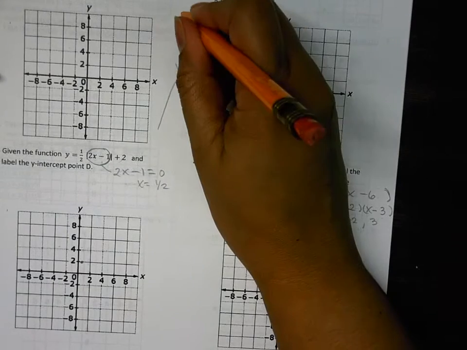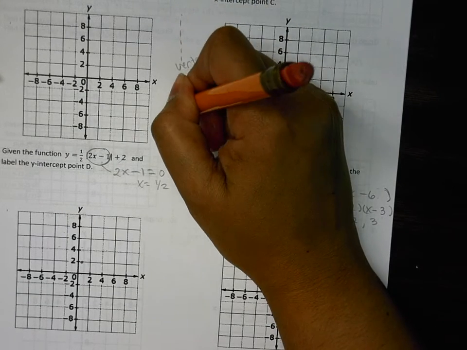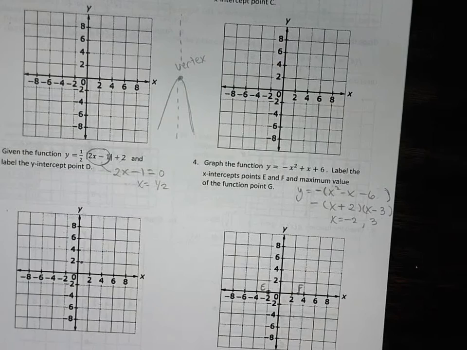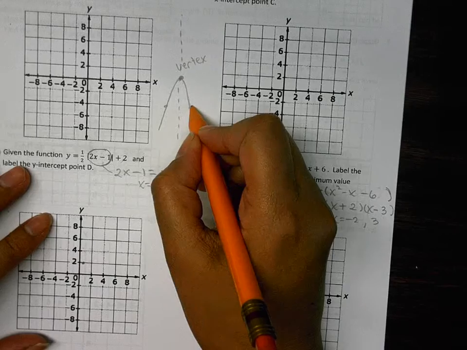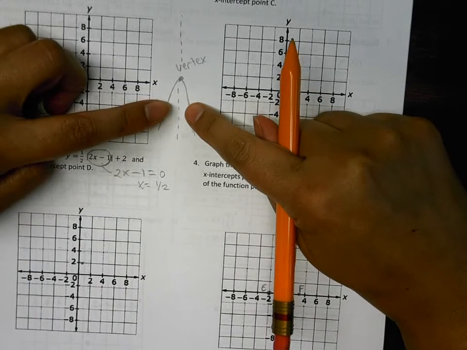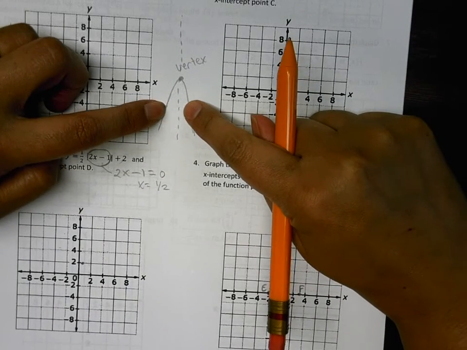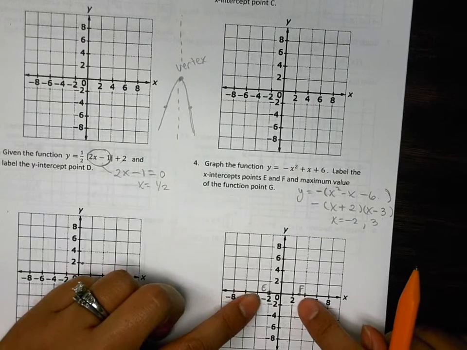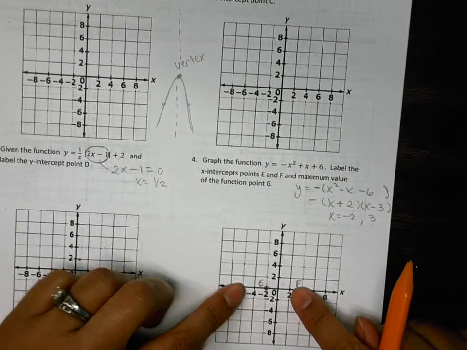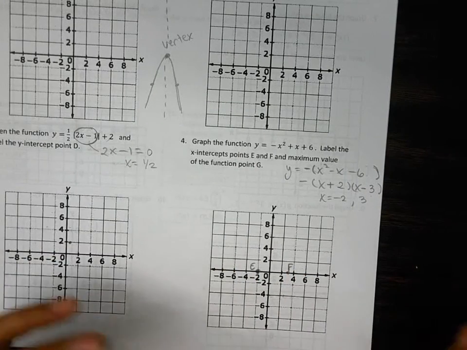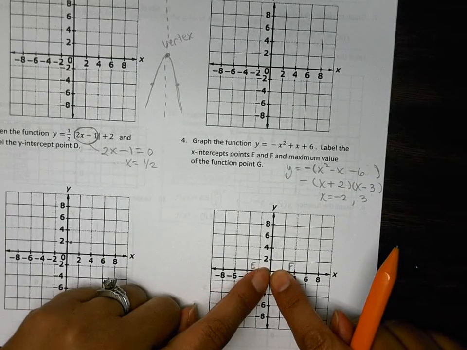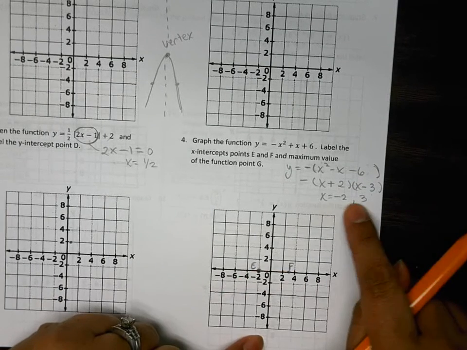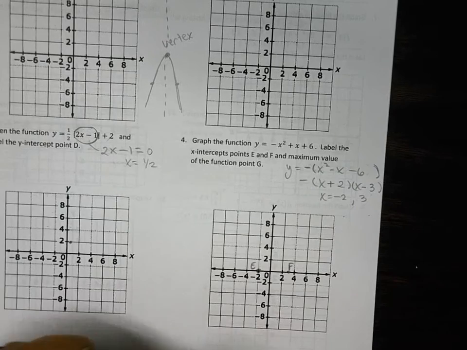What do you know about the vertex? The vertex lies on the axis of symmetry. Do you all agree with that? If I know the x-intercepts, what do we know about the axis of symmetry? It's right in the middle. So you can count, which is a little harder here because of counting by twos, or you can add your x-intercepts, 3 plus -2, and cut them in half.